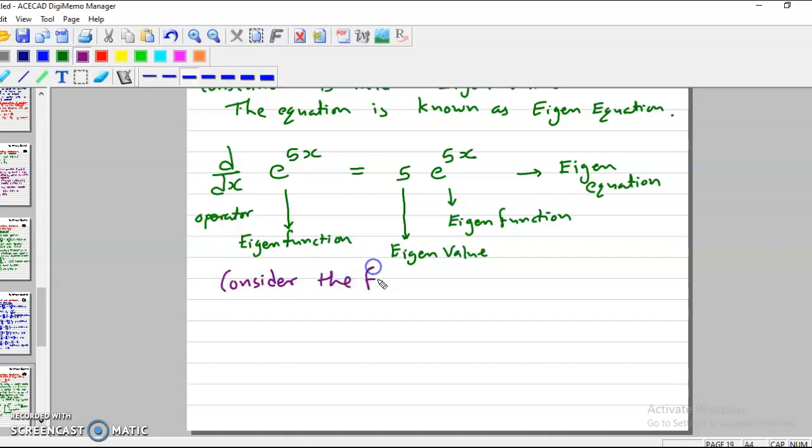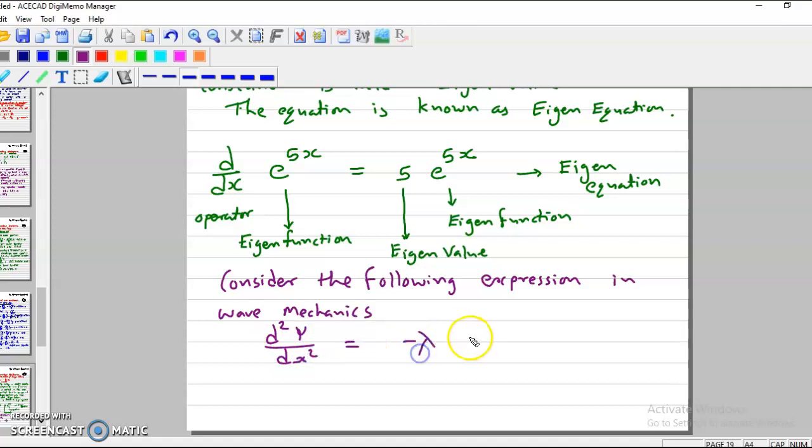Okay, so consider the following expression in wave mechanics, that is d square psi upon dx square is equal to minus lambda into psi. Okay?